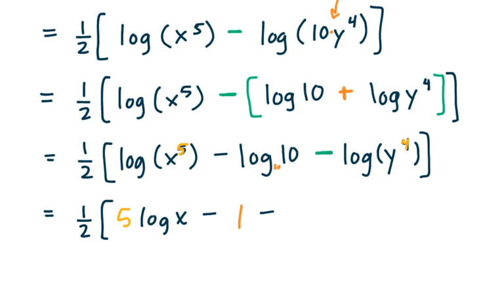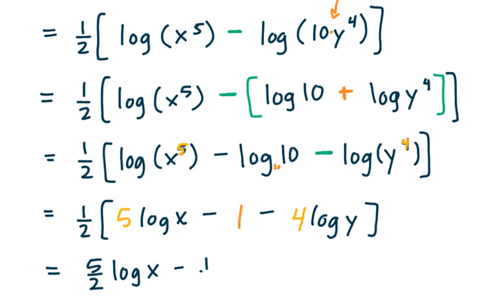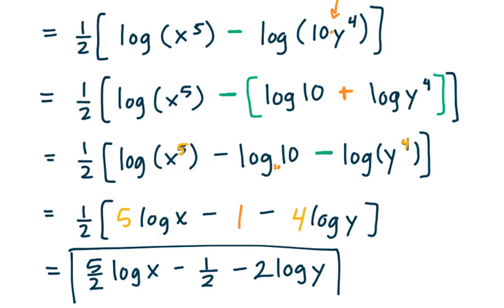Minus 4 log of y. My last step here would be to distribute that 1/2. I have 5/2 log x minus 1/2, and then the 1/2 times 4 is minus 2 log of y. And we are done.